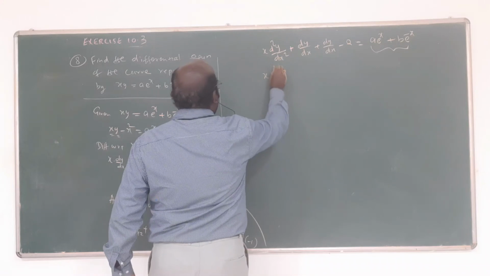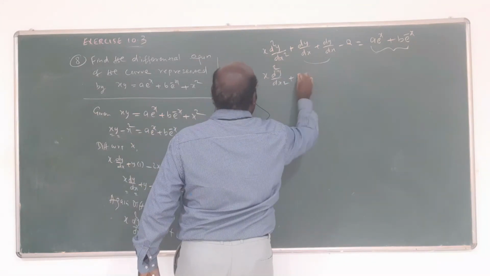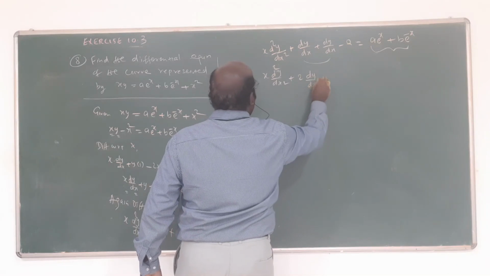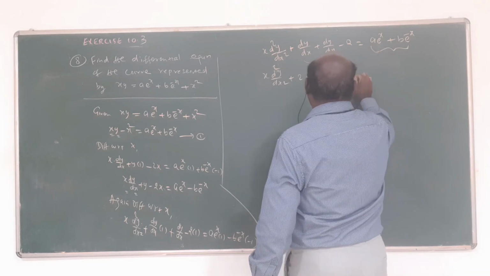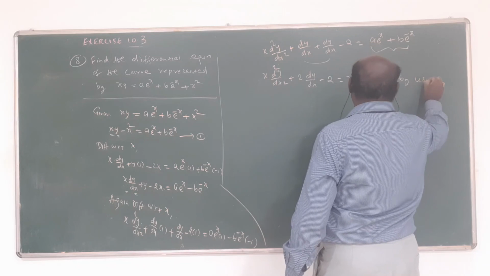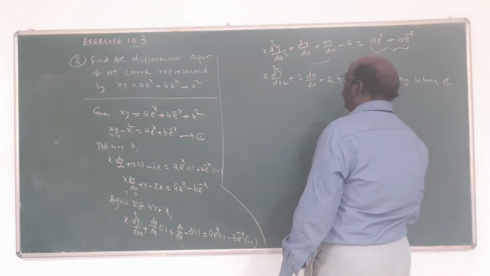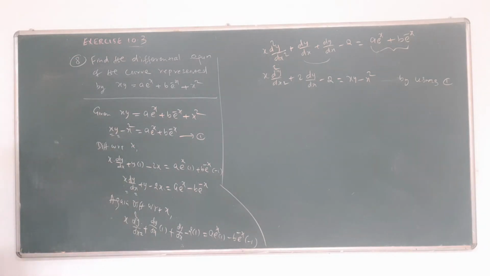So x d²y/dx² plus 2 dy/dx minus 2 equals xy minus x², by using equation 1. This is the required differential equation; sometimes you arrange it, otherwise this is the answer.